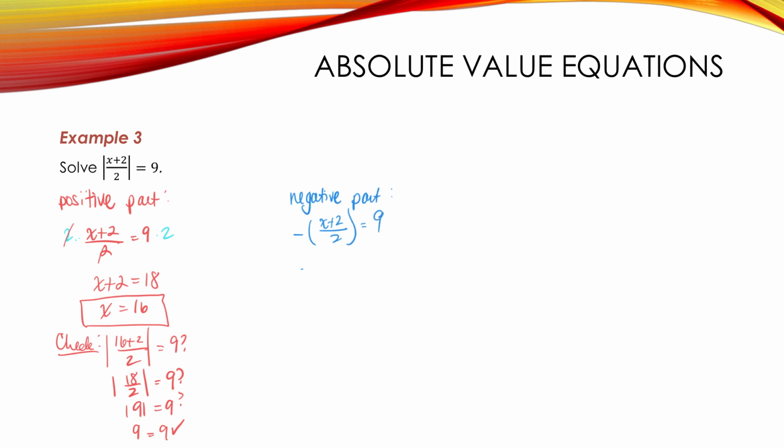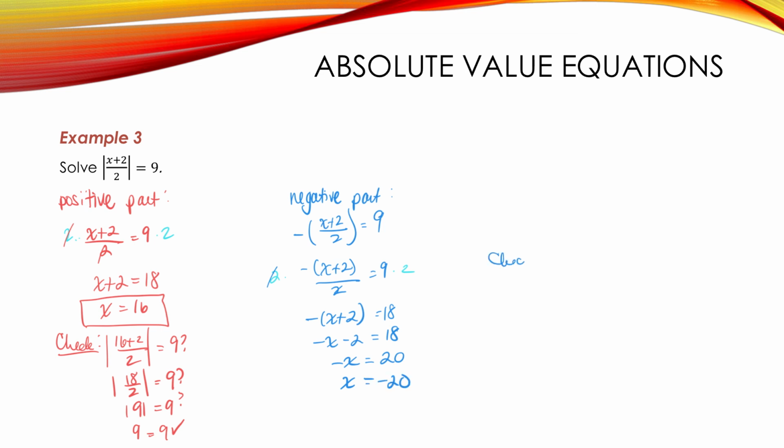We can multiply both sides by 2 to get rid of our denominator there. And we have a negative times the quantity x plus 2 is now equal to 18, or negative x minus 2 equals 18. Add 2 to both sides, so negative x is 20, and x is then negative 20.